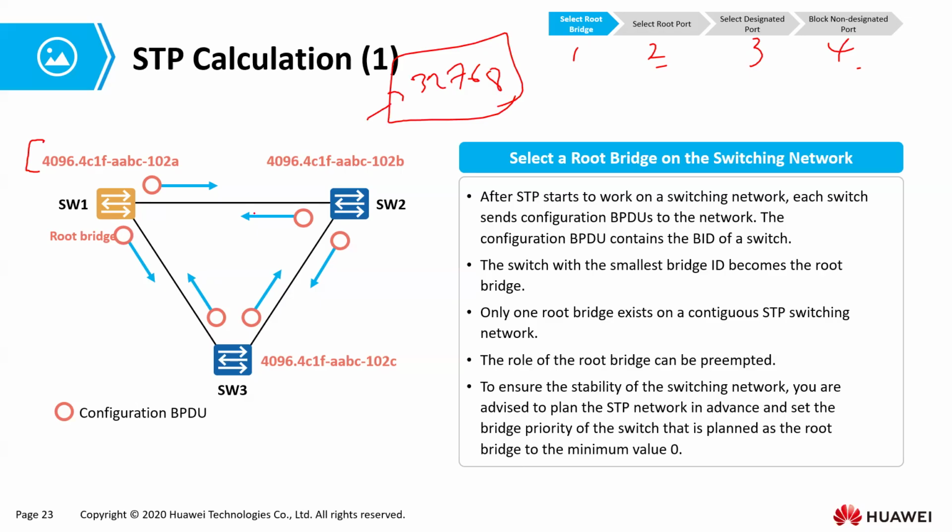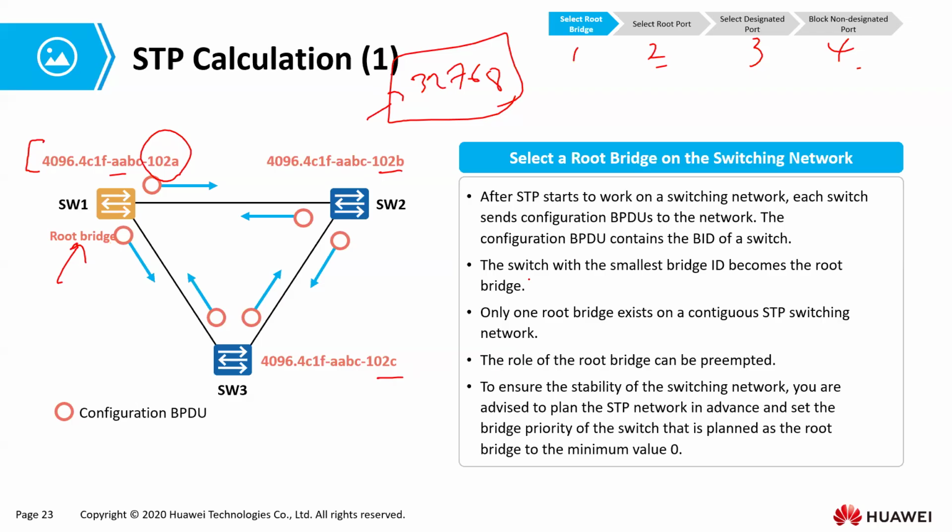By default, that's the value of bridge priority. If it is the same, I go and look at the MAC addresses. MAC addresses are never the same. I look at the lowest MAC address that we have. So here, A is the lowest, ABC. Therefore, this becomes the root bridge.